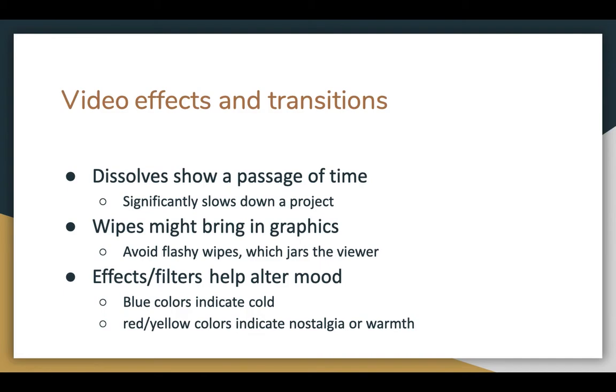Anytime you use a dissolve, it's not to cover up a jump cut, or because you can, it's because you want to show that that was then, this is now. So only use dissolves if you want to show a passage of time. And if you notice, even films will do the same thing. So take the cue from films, how often they use cuts versus how often they use a dissolve.